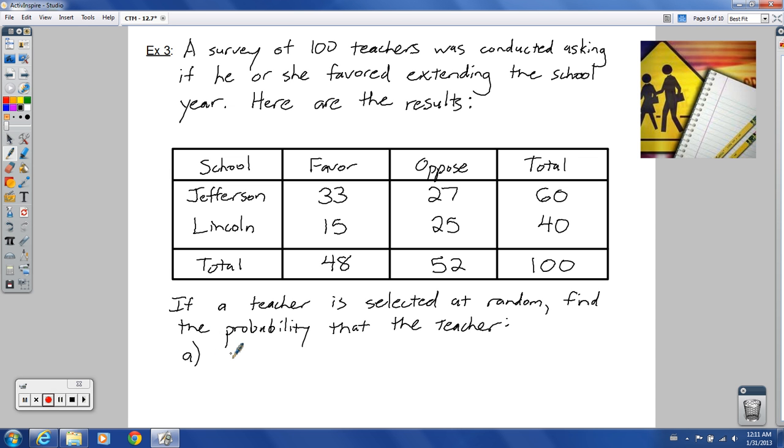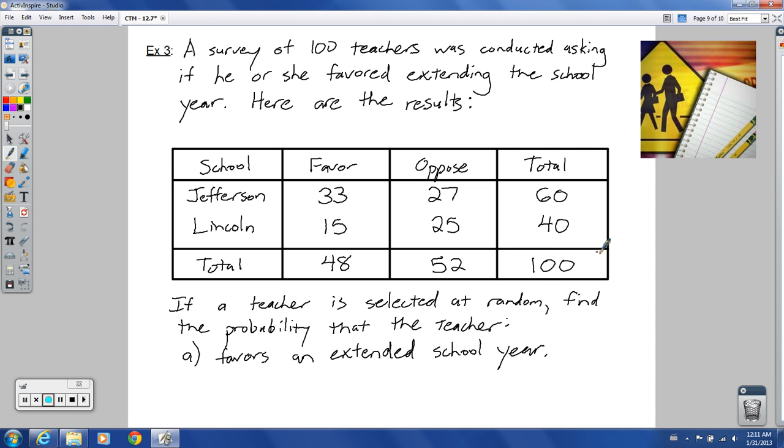So part A, favors an extended school year. What is the chance of a teacher favoring an extended school year based on the results of the survey?